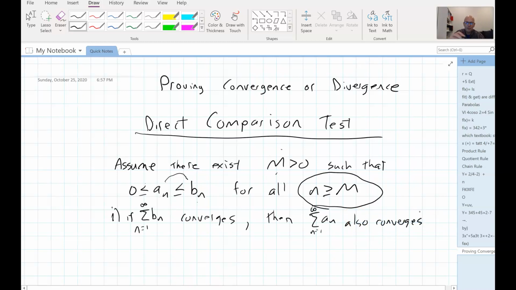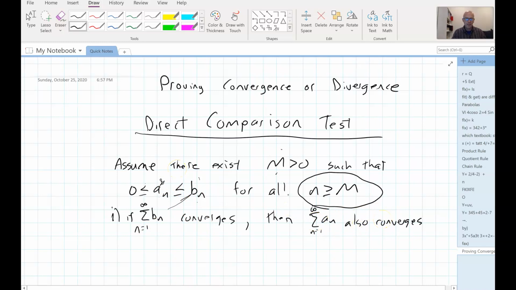So the idea is if we can take the sequence from this series and the sequence from that series and show that the terms of this sequence are, after a certain point, always bigger than the terms of that sequence, and this bigger sequence, its series converges, that would force this smaller sequence, its series, to converge.